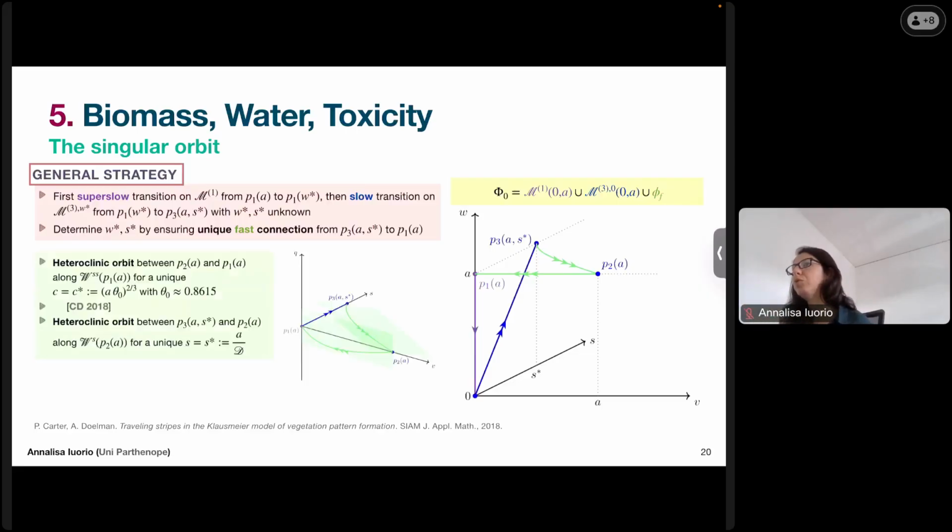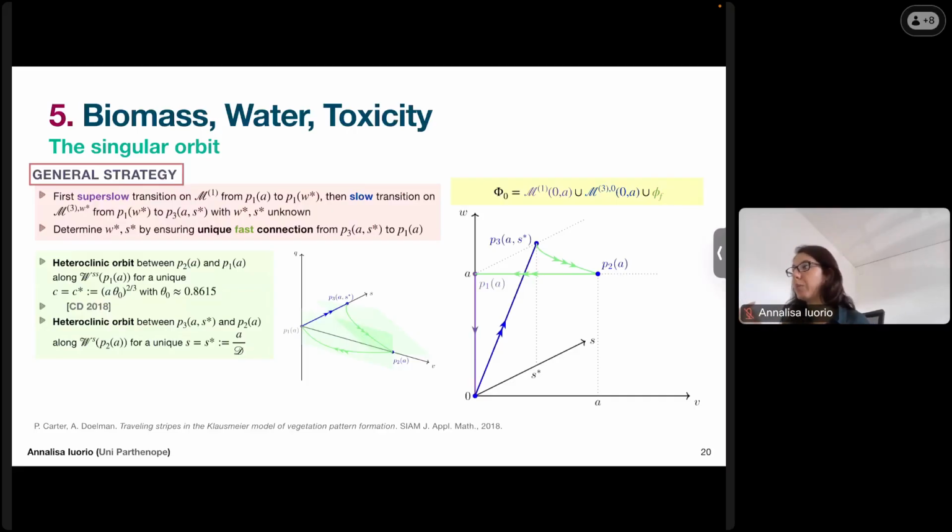So to do this, this double heteroclinic connection is actually, in some sense, simple, because one part of the heteroclinic connection that lies entirely in the hyperplane S equals 0 was already studied by Paul and Ariane in this 2018 paper, because they did a similar analysis on a Klaus-Meyer type model. So when toxicity is absent, this is exactly what we retrieve.